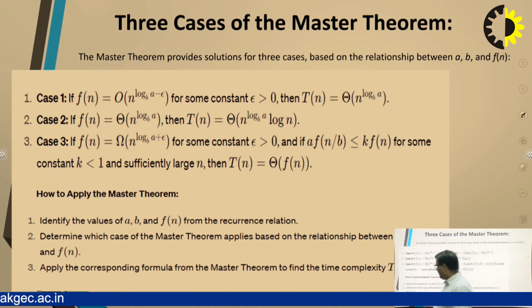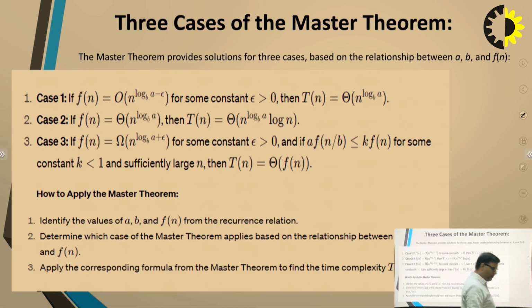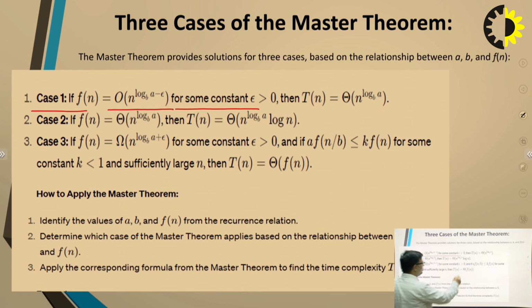Again, we will define three types of cases in the master theorem. This is the first case. Case 1: if f(n) is equal to big O of n to the power log a base b minus epsilon, for some constant epsilon greater than 0, then T(n) is equal to big theta of n to the power log a base b.